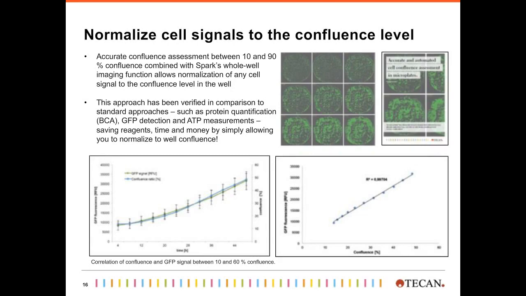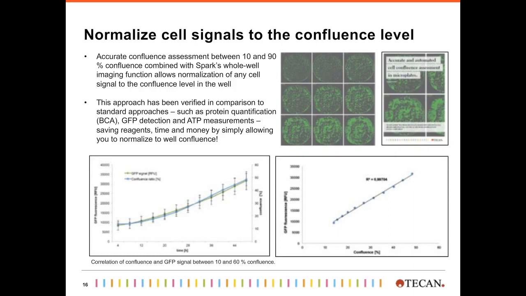We describe this potential in a technical note that you can download on our homepage, and we show that GFP and confluence signal perfectly correlate. Here we showed between 10 and 60%, but we also proved that between 10 and 90% with other assays like the BCA assay or the ATP measurements.